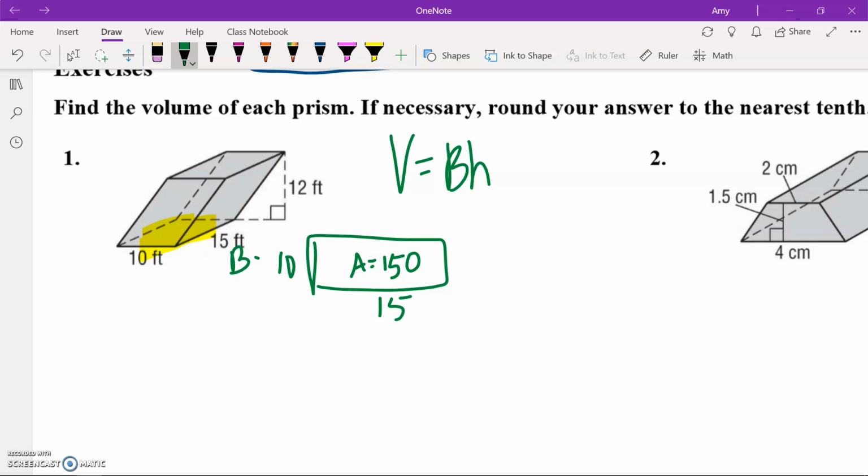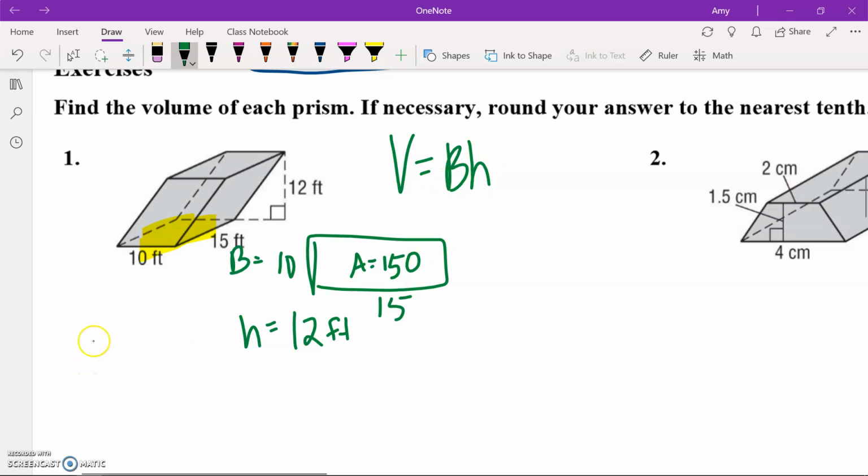And then we know that the height of any oblique prism is going to be perpendicular to the base, so it is going to be 12 feet. I want you to notice that you didn't have to actually change anything to get the height. The height is always perpendicular to the bases.